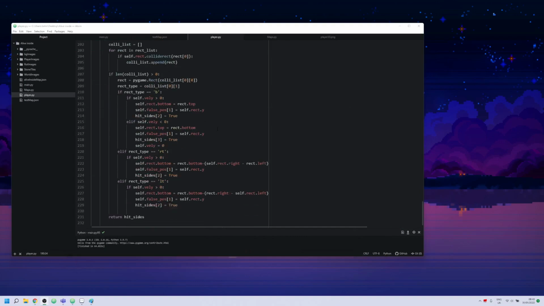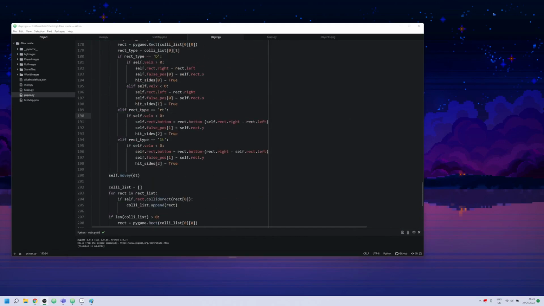So here, you've got the right ramp. As I was just explaining, the left ramp will go with the right. So if you're going right up a right ramp, you set the bottom of the player's rect equal to the bottom of the ramp rect minus the difference, or minus how far in you are into that rect.